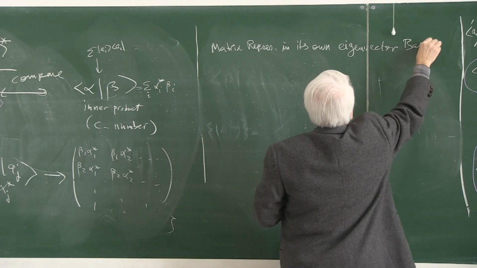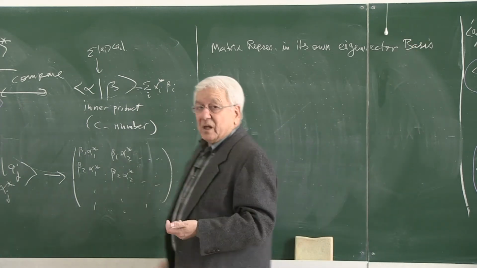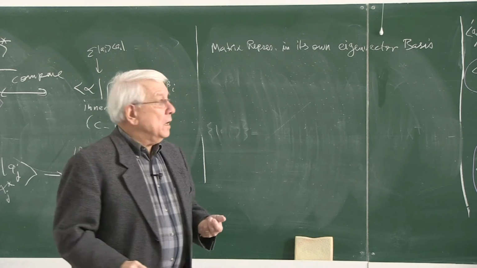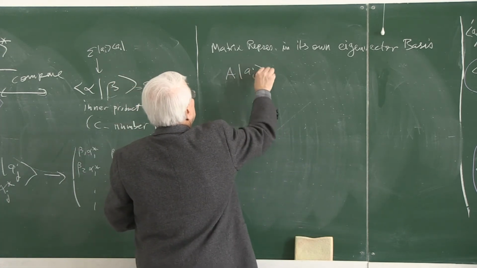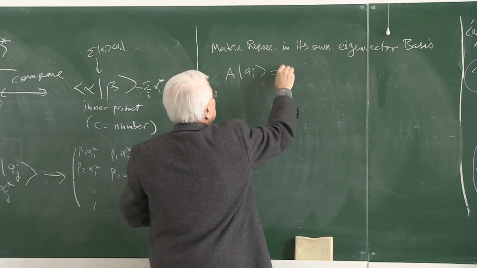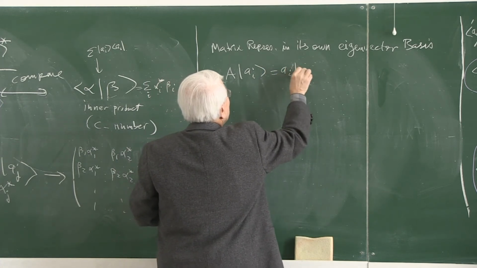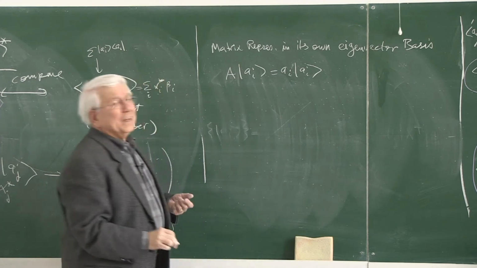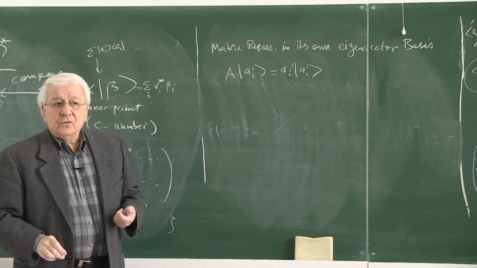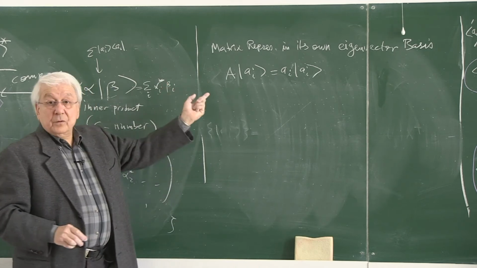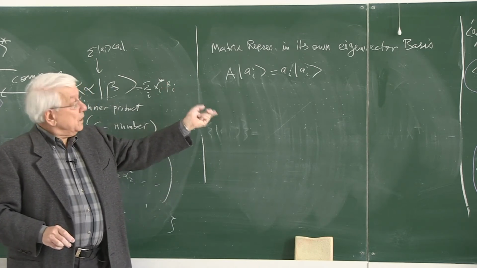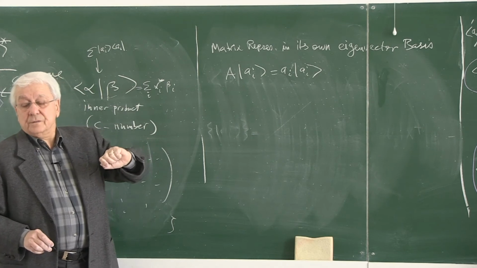It has been a little too long, but really I need to write it as long as that. Here is the A I'm talking about, the operator, and its eigenvalue equation is defined in this manner. So I am trying to find the matrix representation of this in its own basis.